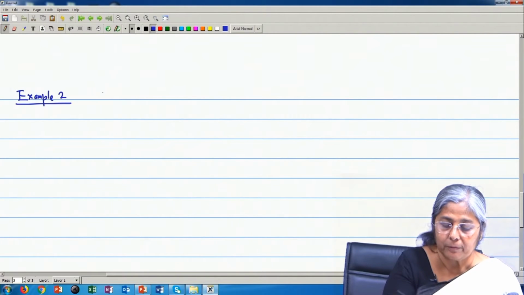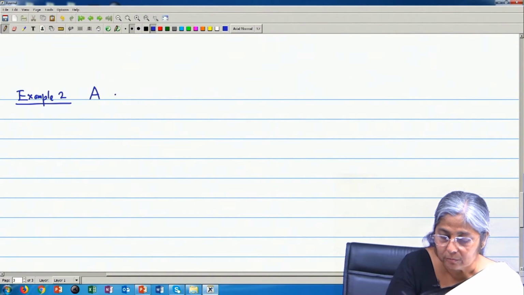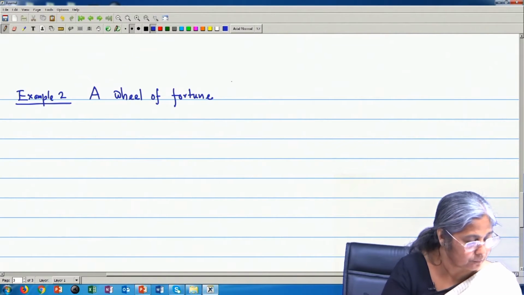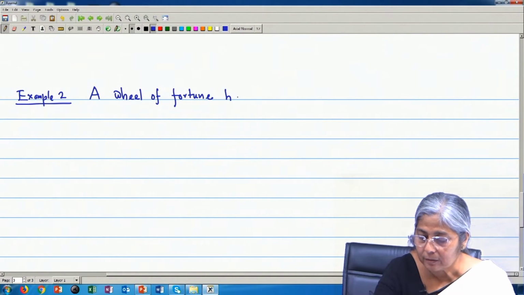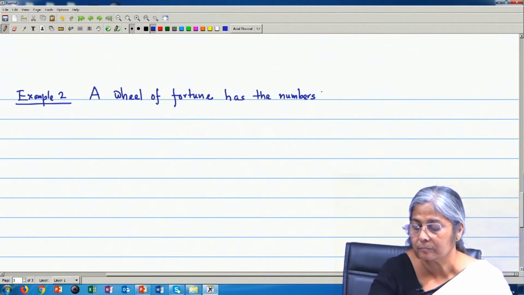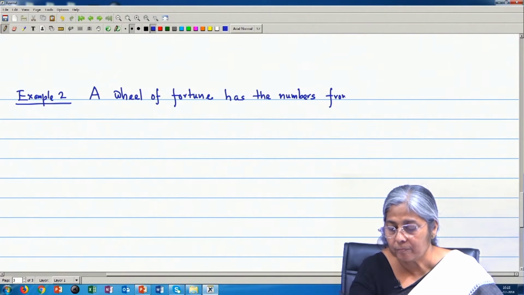We take one problem statement: a wheel of fortune has the numbers from 1 to 36.